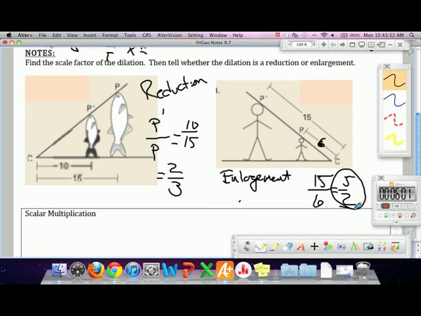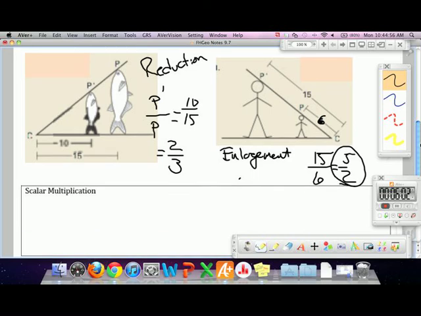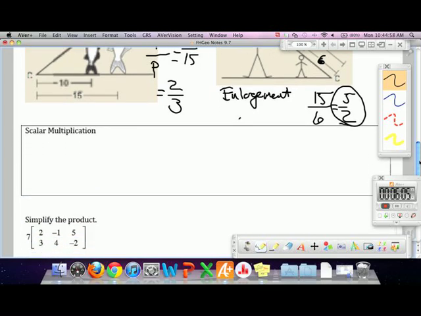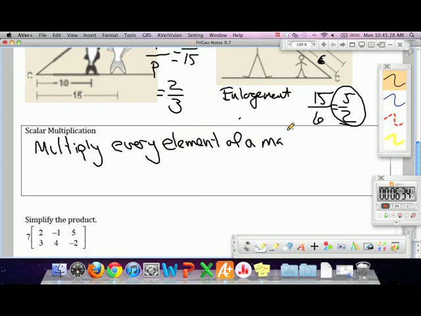Scalar multiplication on a matrix, since we tend to represent these objects as matrices. To perform a dilation, the easiest way is to write your object as a matrix and then perform scalar multiplication, or multiply every element of a matrix by a given constant.